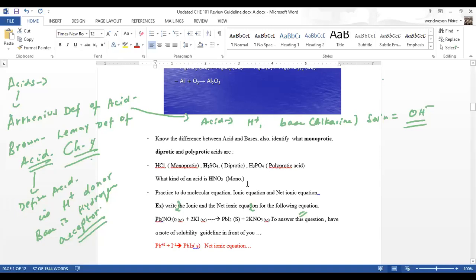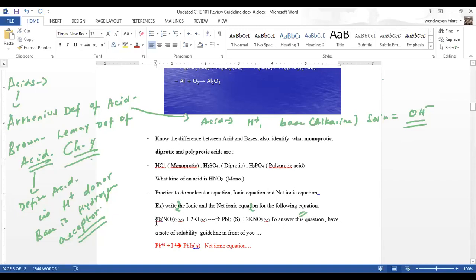Knowing the solubility guidelines also helps you to write ionic and net ionic equations, so that you can identify the spectator ions as well. We did some examples. I also have an example here.